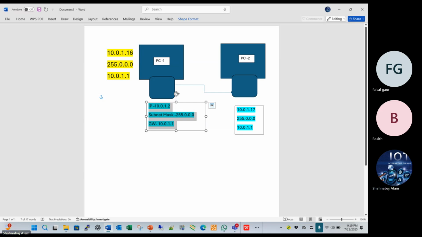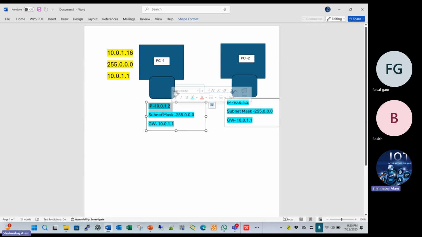Hello? Yes, bro. Now you understand? This is the IP, this is the subnet mask, this is the gateway.